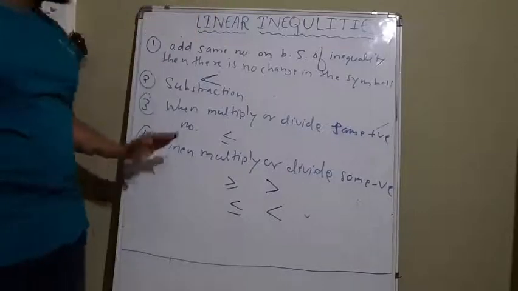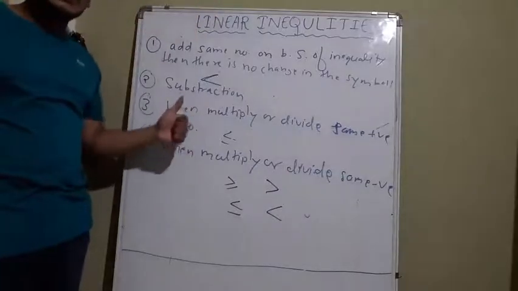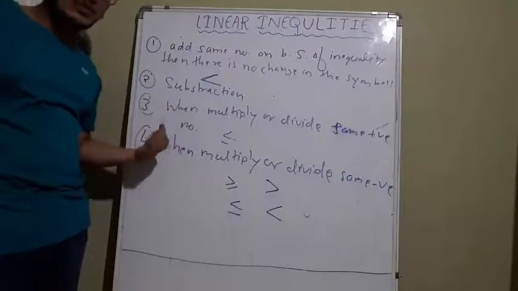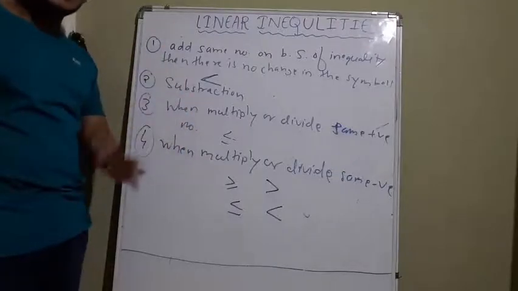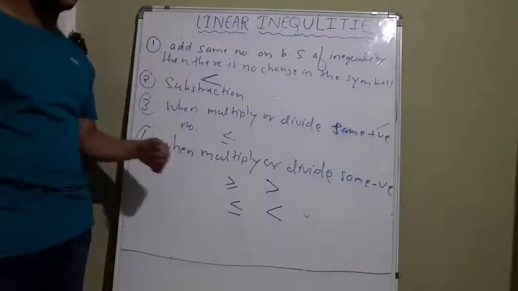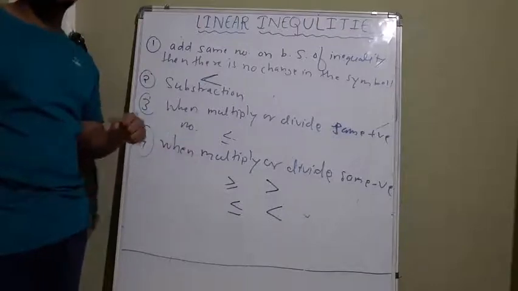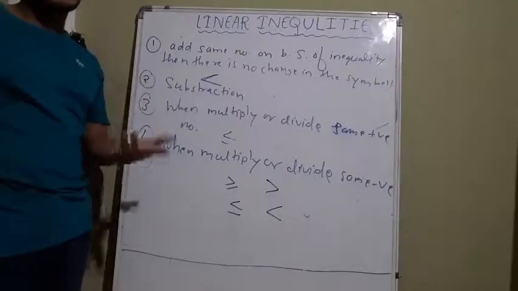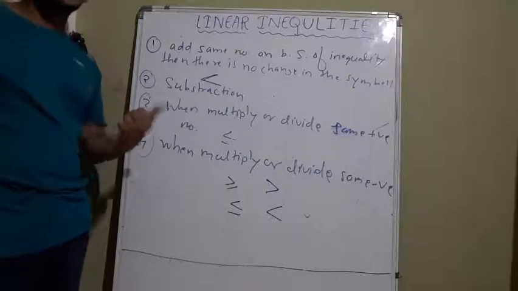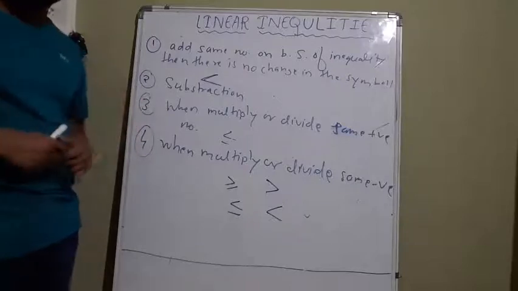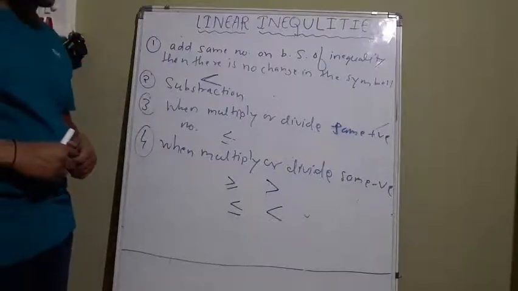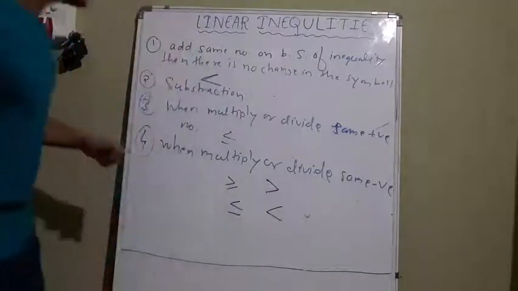But when you multiply or divide by the same negative number on both sides, there is a change in the symbol. Less than will become greater than, less than or equal to will become greater than or equal to, and greater than will become less than. It's the opposite inequality that you have to write. So these are the rules.